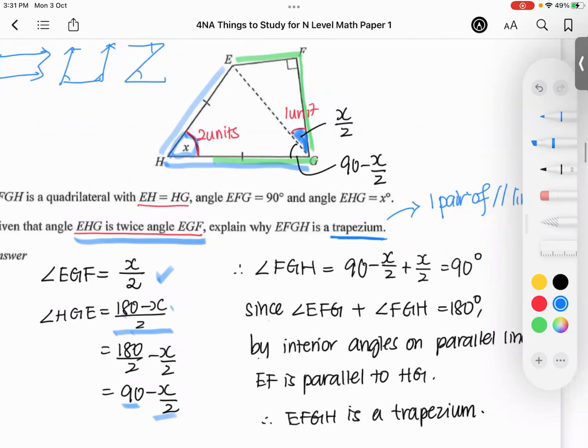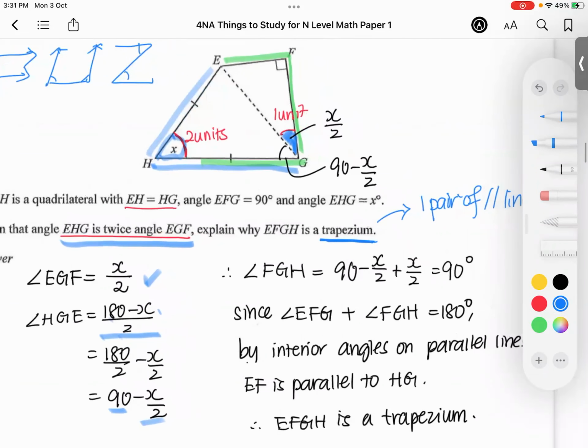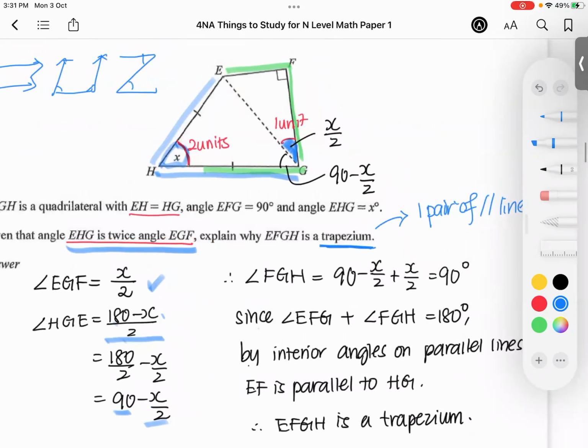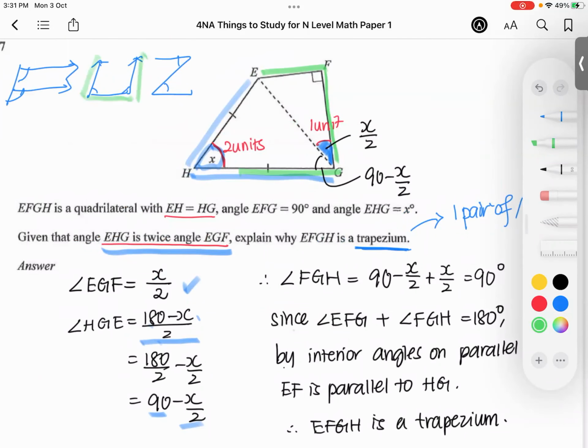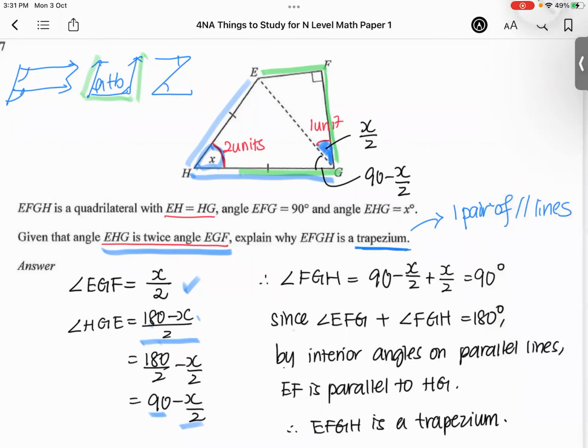I realize that I have highlighted in green a pair of interior angles. What's the property of interior angles? A plus B is equal to 180. So I have A plus B equal to 180. Let me check.